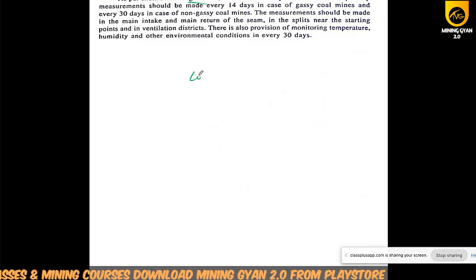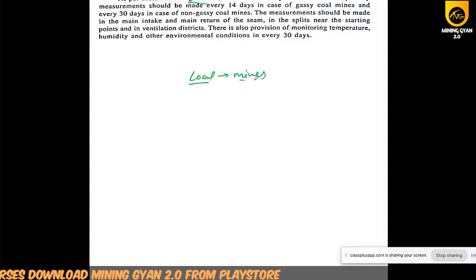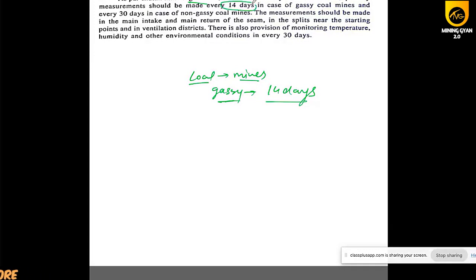If you are working in coal mines that are gassy, you have to do a survey within 40 days, a measurement of the ventilation quantity.